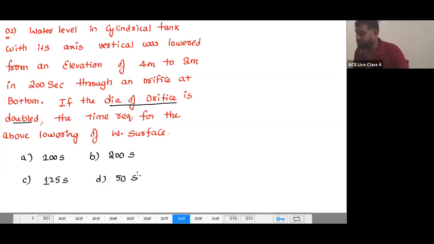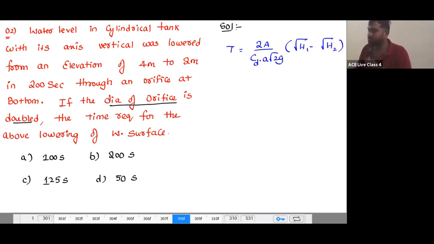So the solution for that is, the time required to empty is nothing but 2A by Cd into a into root 2g into root of H1 minus root of H2. I have given this derivation also. Capital A is the area of the tank. Now which one is going to be doubled?